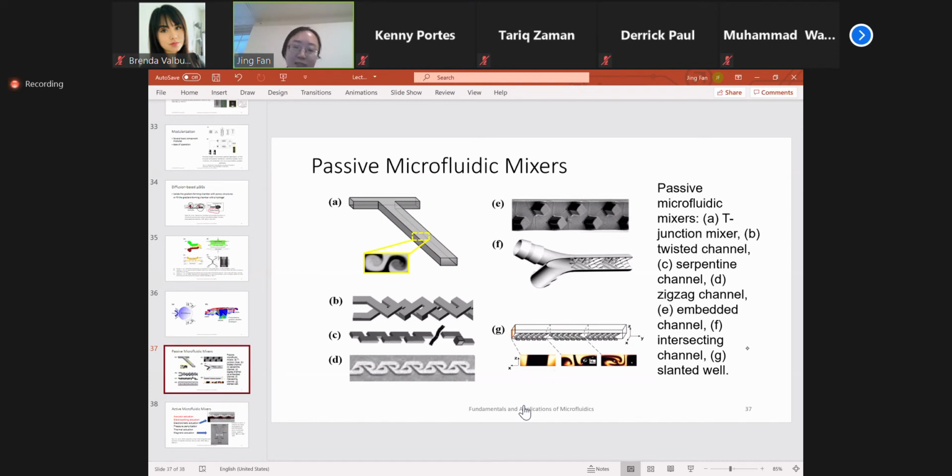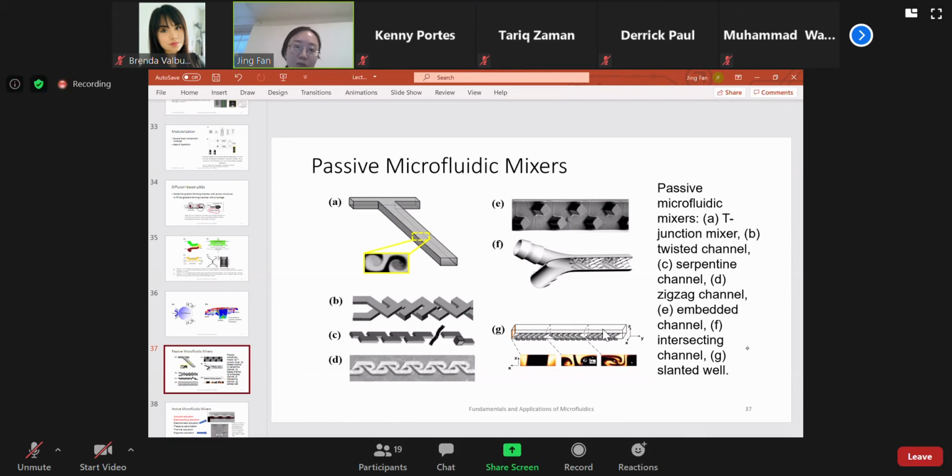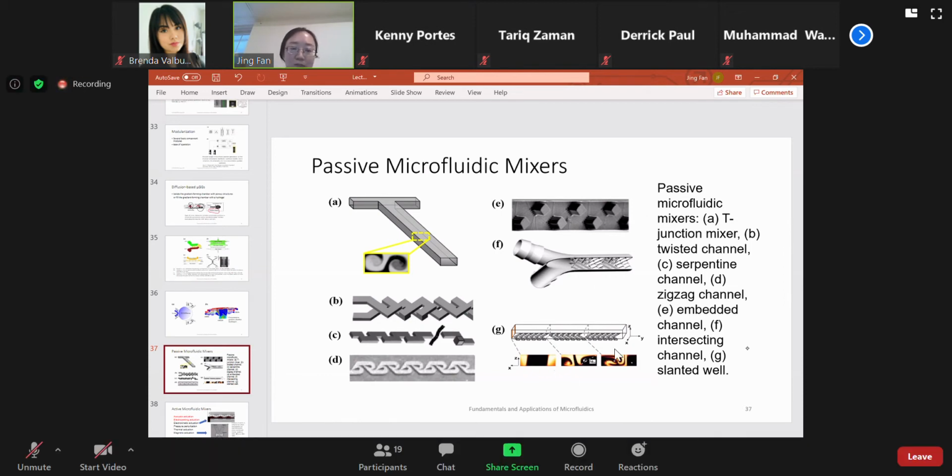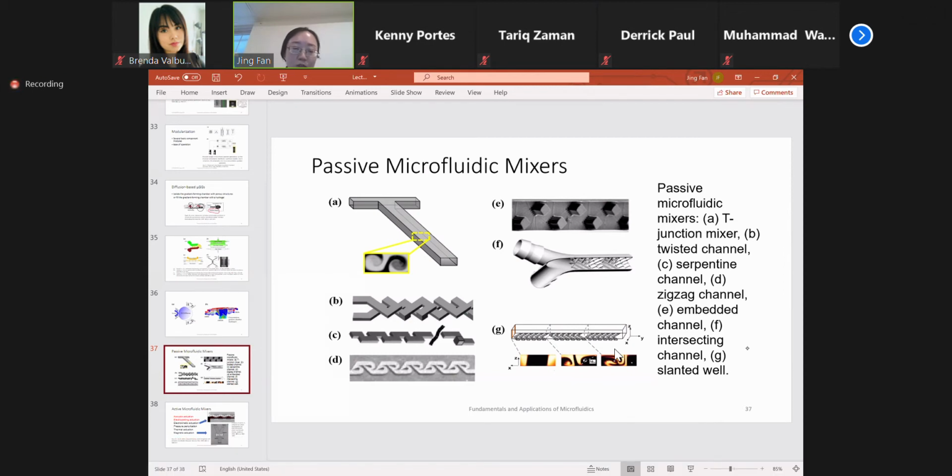This combining and splitting process repeats along the twisted channel. By using this structure, we can induce chaotic advection, which promotes fluid mixing, even at very low Reynolds number.